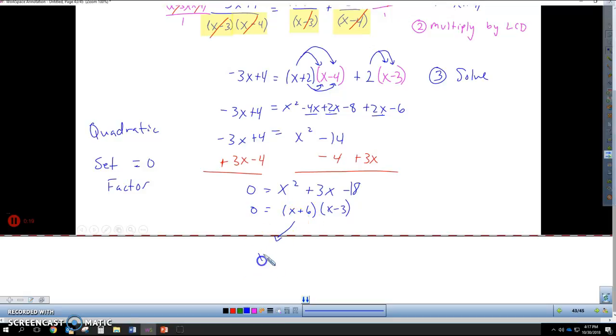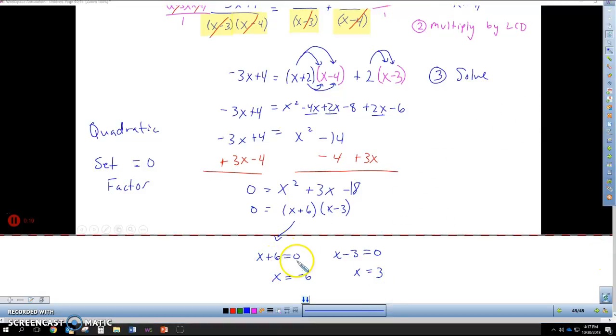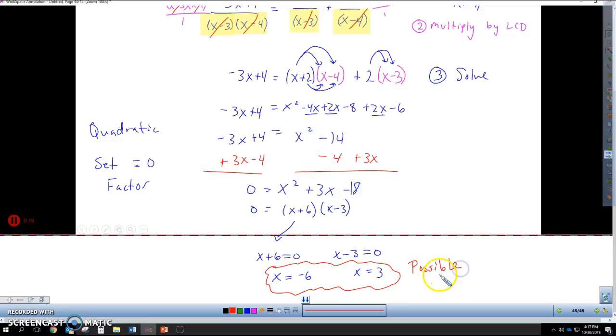I get x plus 6 equals 0, and x minus 3 equals 0, giving us x is equal to negative 6, x is equal to 3. I subtracted 6 here, I added 3. So these are possible solutions.